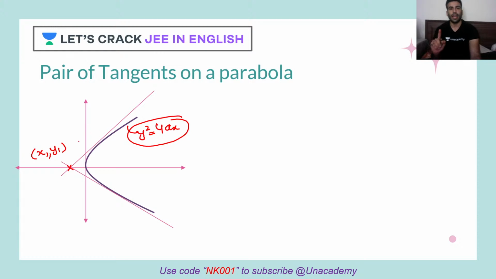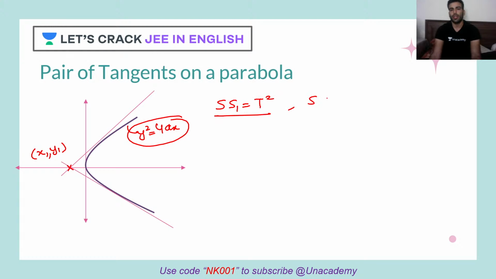So one way I can tell you, if you want to use the generalized formula, I told you, if you remember in circles also, that whenever we talk about pair of tangents for any curve, be it hyperbola, parabola, ellipse, anything, we will be writing this: s s1 is equal to t square.